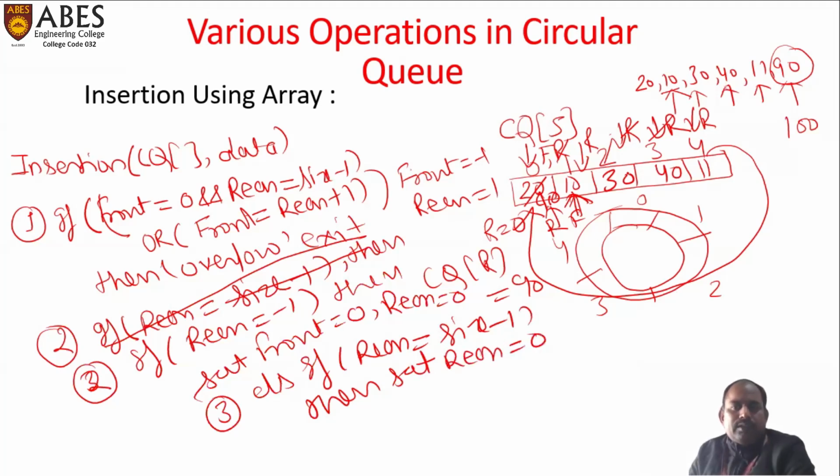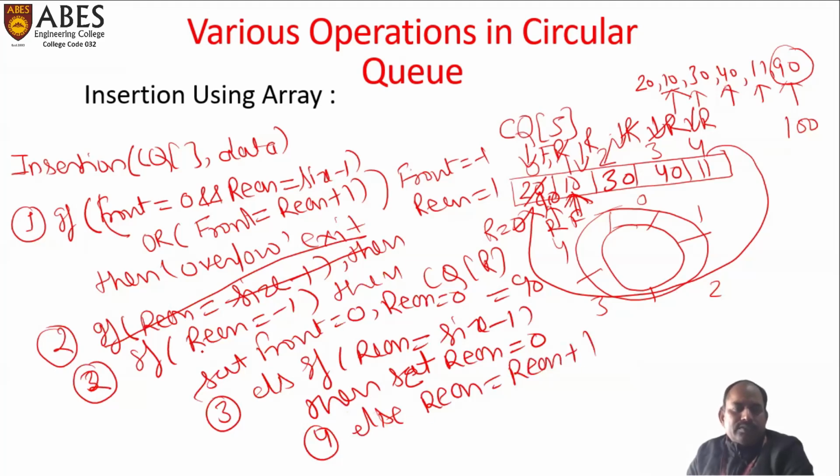Okay, so when front is not 0 and rear is at size minus 1, then in that case we have to set rear at 0. In the fourth case, it simply works like an ordinary array, ordinary queue or linear queue. So here, in else, we just increment the value of rear: rear is equal to rear plus 1.